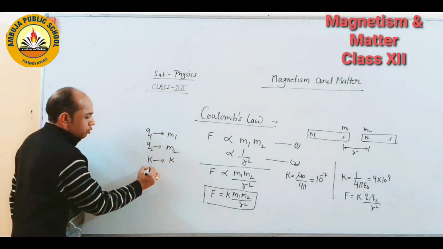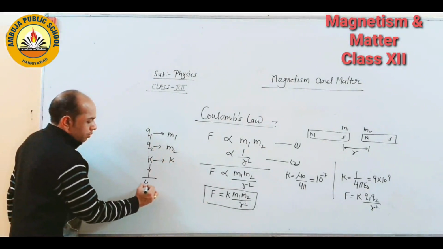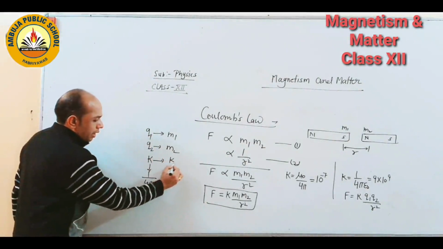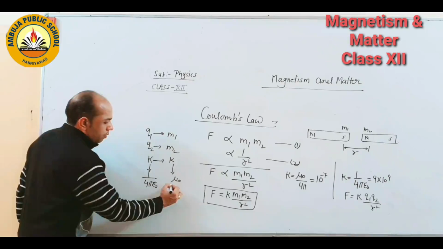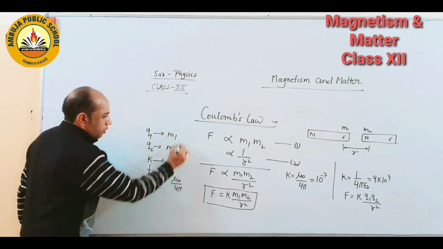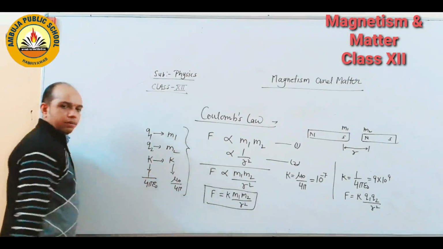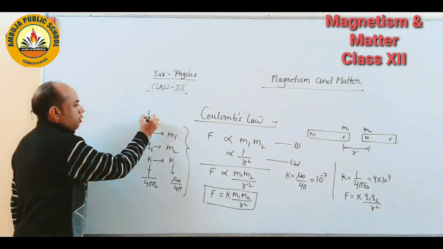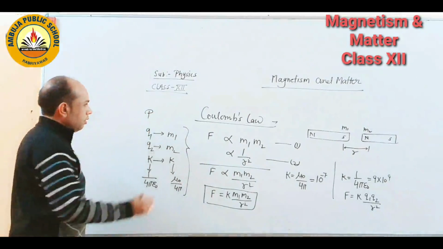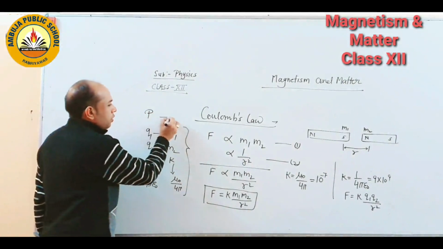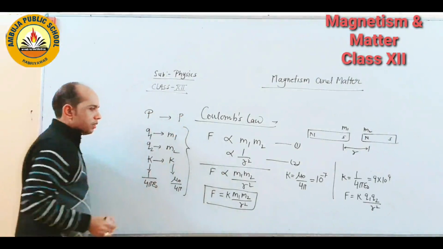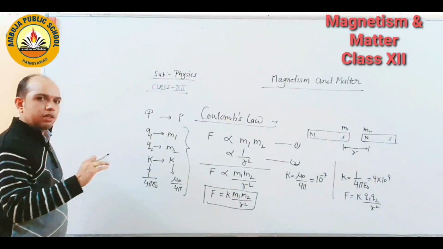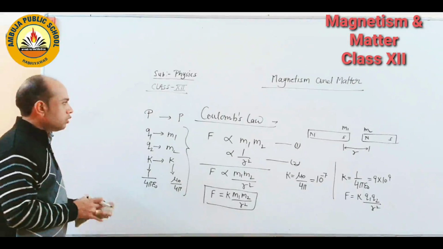In electrostatics, it is 1 upon 4 pi epsilon naught, and here it is mu naught upon 4 pi. So this is the difference part. Similarly, in electrostatics we use P for dipole moment. Here again we use the dipole moment, but the difference is in pole strength and length.